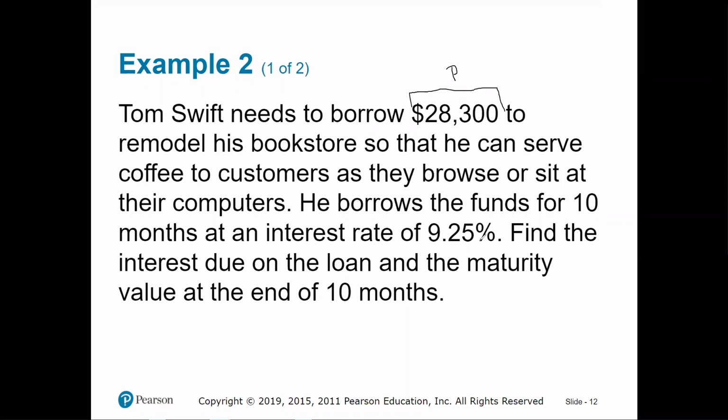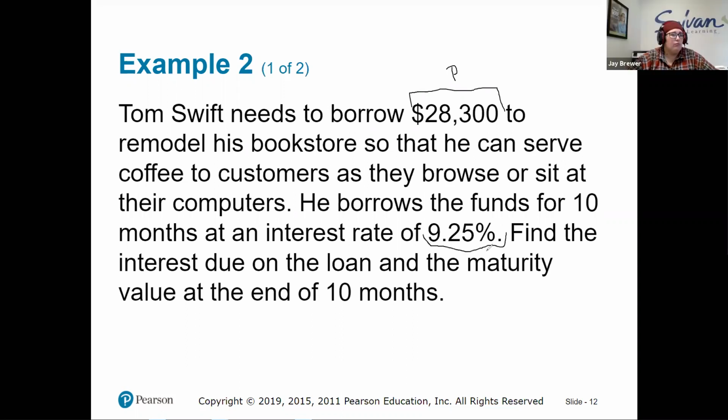The 0.0925. Right. Once you go through and make it into the decimal, so it'll be 0.0925. Very good. And then of course our time is 10 months, and do we want to just put a 10 in there?